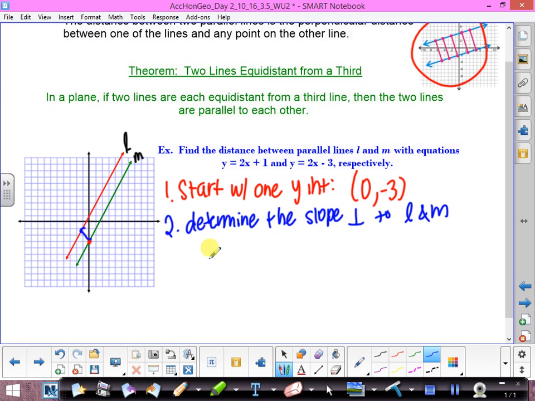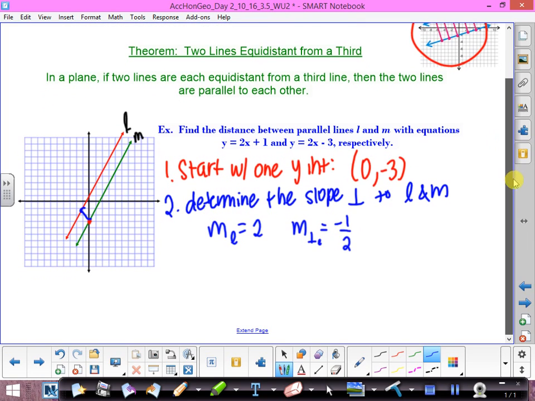So we know the slope of L is 2. So the slope perpendicular to L would be negative 1/2. So what we need to do is write the equation of the line that passes through this point that we picked and has the slope so that we know the equation of this line that contains this segment.